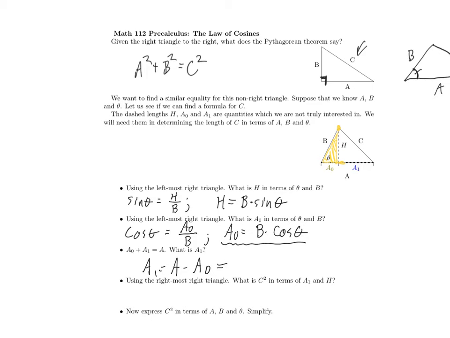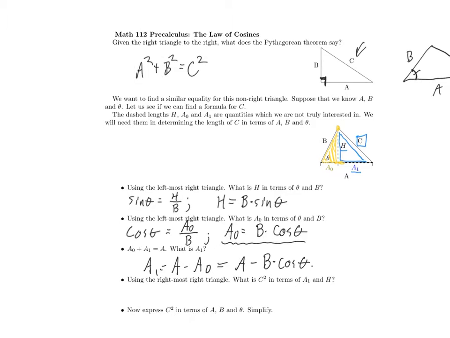So a1 is equal to a minus b times the cosine of theta. And now you should see what we're about to do. I'm interested in that side length c. But this triangle is also a right triangle. I know the base of that right triangle, I know the height of that right triangle, so I can figure out the hypotenuse.